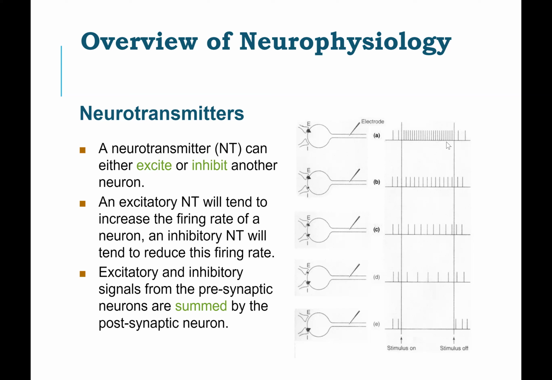Now, last year I used a metaphor, and I think it works, like gas pedals and brake pedals. Imagine every neuron being a car with 500 gas pedals and 500 brake pedals. At a certain time point, some of these gas pedals are pressed, some of these brake pedals are pressed, and the neuron has a baseline activity.